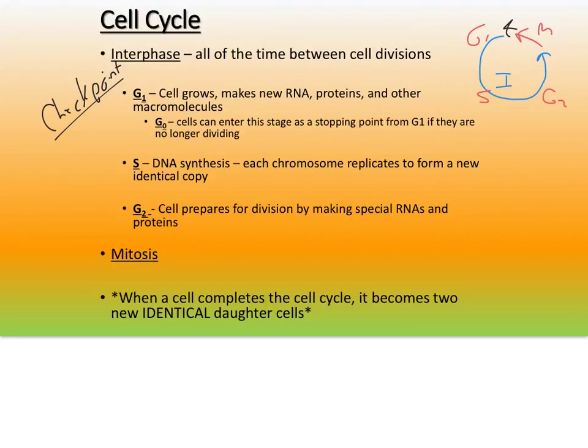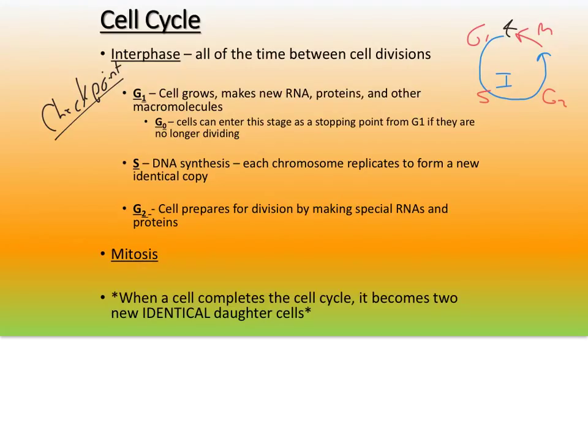We call it the restriction point. The reason we call it that is because if the cell passes this G1 checkpoint, it will either divide or it will die trying. So if the cell goes through the G1 checkpoint, it is fully committed to cell division, and it will either successfully divide into 2 new cells or die in its attempt to turn into 2 new cells.